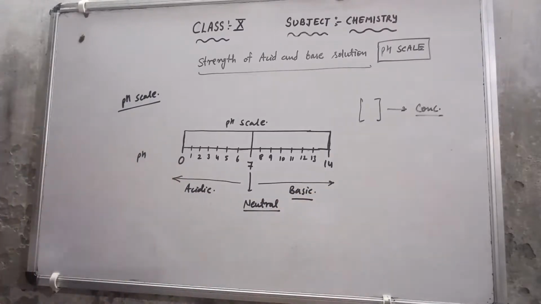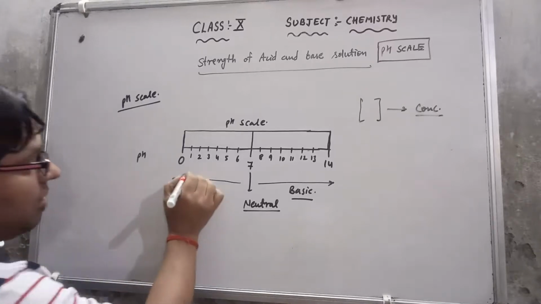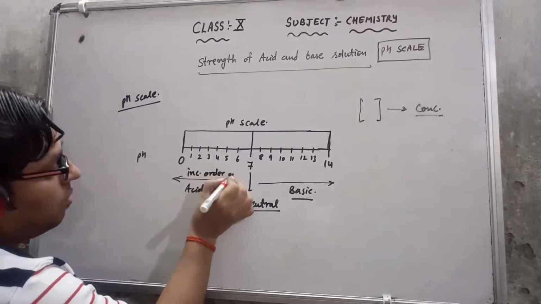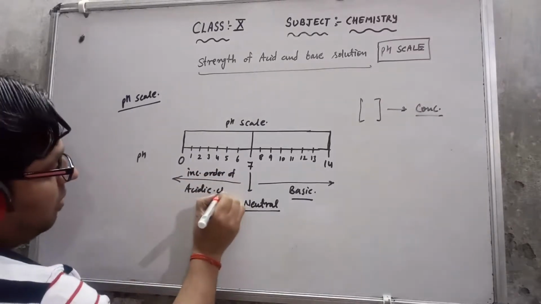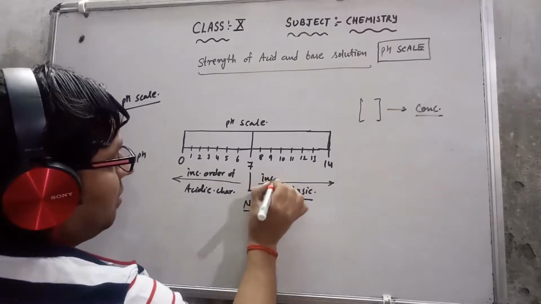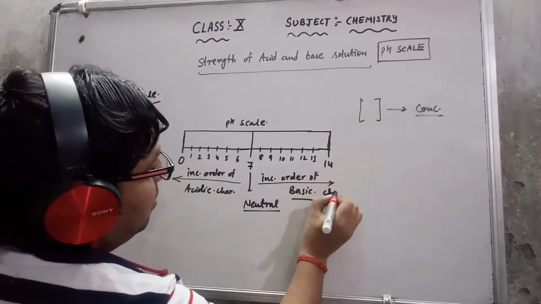That is very simple. With the help of the pH scale, we can identify the acidic and basic nature. They have their colors also. This is the increasing order of acidic character, and this is the increasing order of basic character.